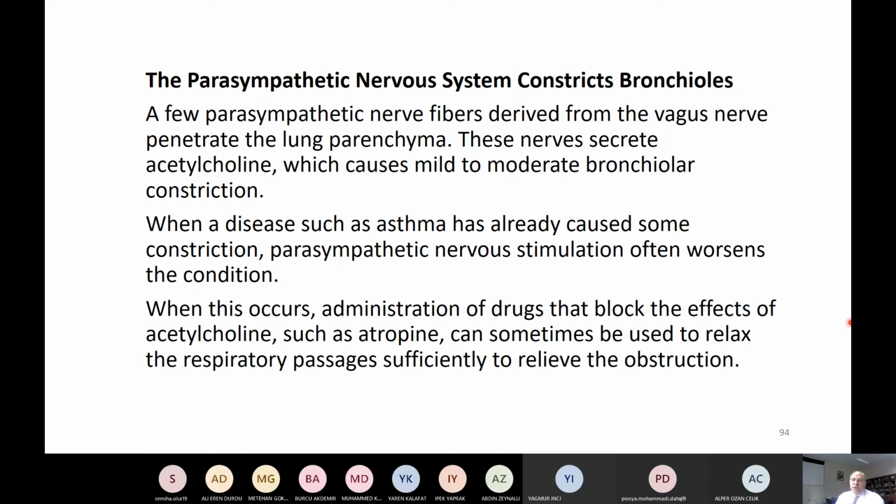When a disease such as asthma has already caused some constriction, the parasympathetic nervous system often worsens the condition, making it much more difficult. When this occurs, administration of drugs that block the effects of acetylcholine, such as atropine, can sometimes be used to relax the respiratory passages sufficiently to relieve the obstruction. Okay?